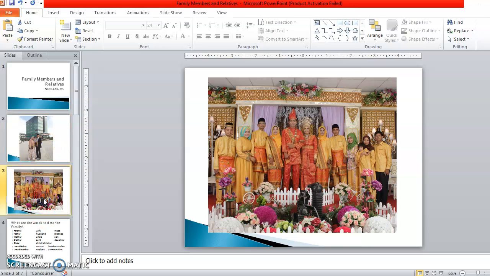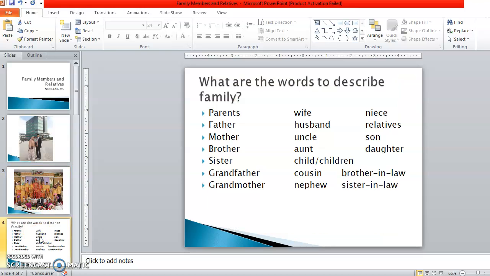But my big family, the combination of my own family and my wife's family, is quite big. As you can see, that's the day when we had our wedding party. It was in 2015, a few years ago. Okay, that's my family.